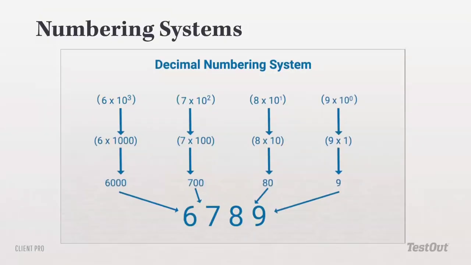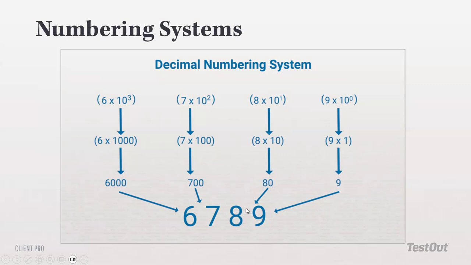And we have different positions. So if you take a look at these different numbers, we start over here with the last number, which is 9, and the last position right here is the lowest position. We start with 10 to the 0. Okay, so 10 to the 0, anything to the 0 is 1, so 9 times 1 is 9. Then the second position right here from the end, which will be the tens, right? So 10 to the 1, so 8 times 10 to the 1 is 80. Okay, that makes sense for the second position.